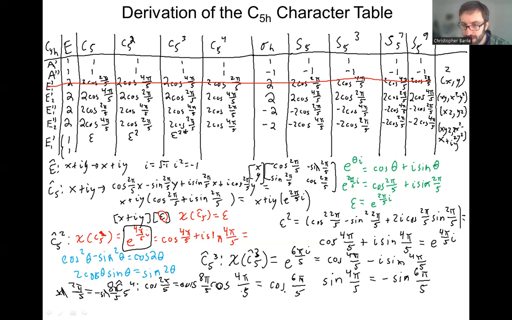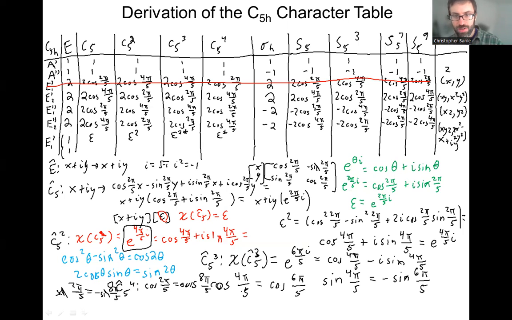So what you're going to end up getting is cosine 2 pi over 5, but now negative i sine 2 pi over 5. So that's the complex conjugate of epsilon. So that's what's going to go in here, and again, we put the star notation.